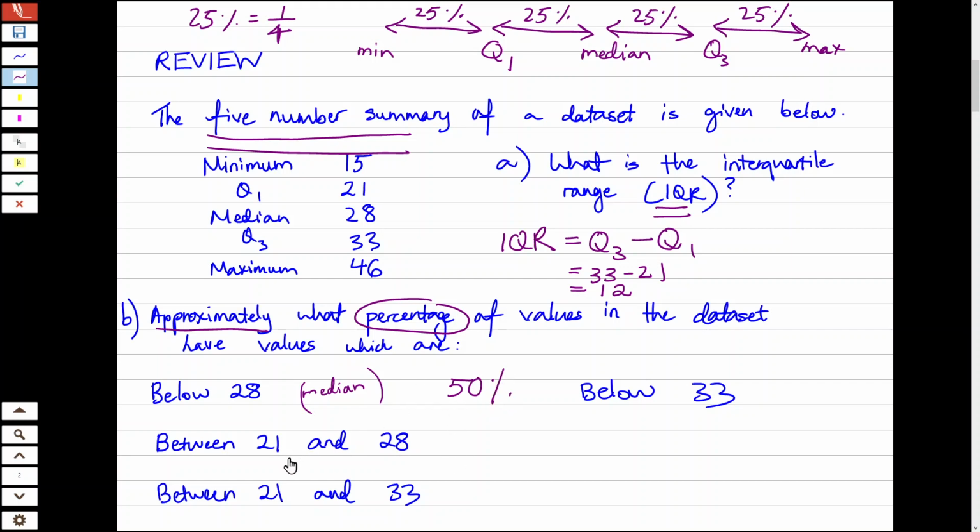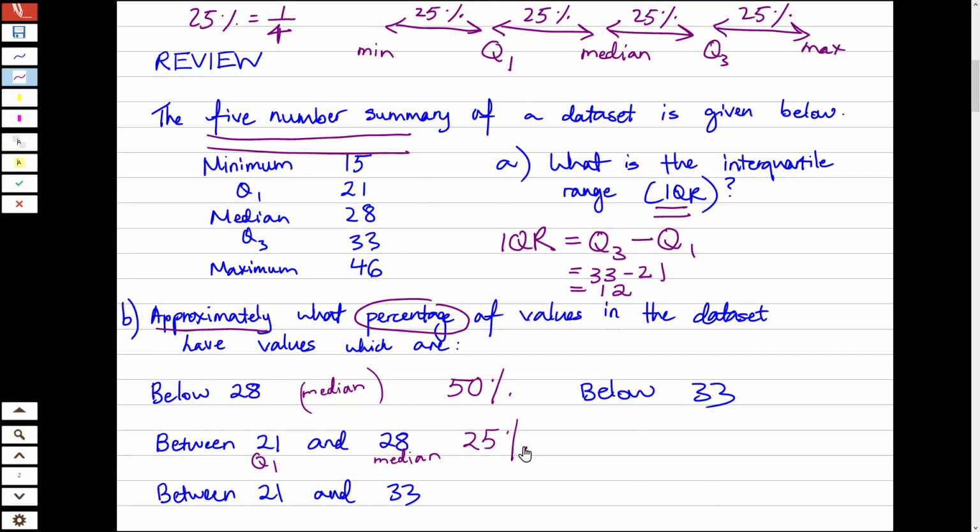All right, 21. Where is that in my 5-number summary? Q1. Again, look at the diagram. What percentage is between Q1 and the median? 25. All right.